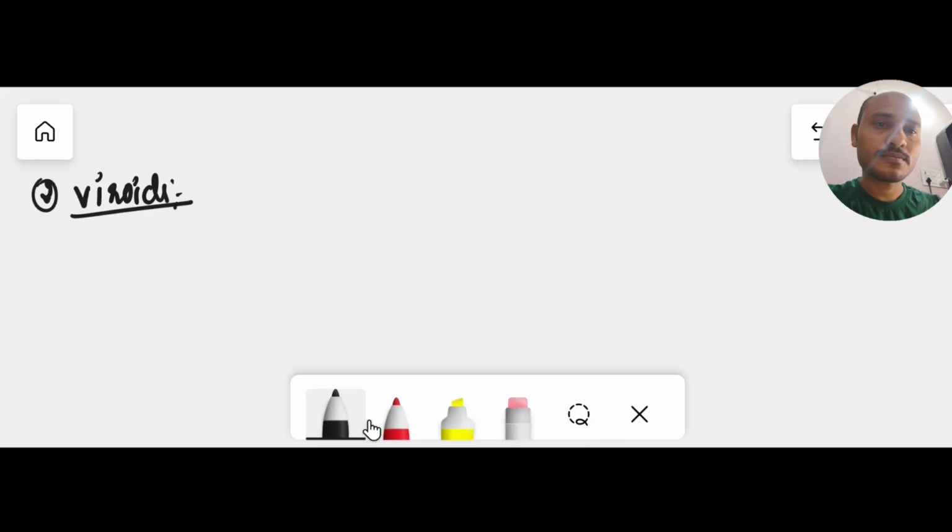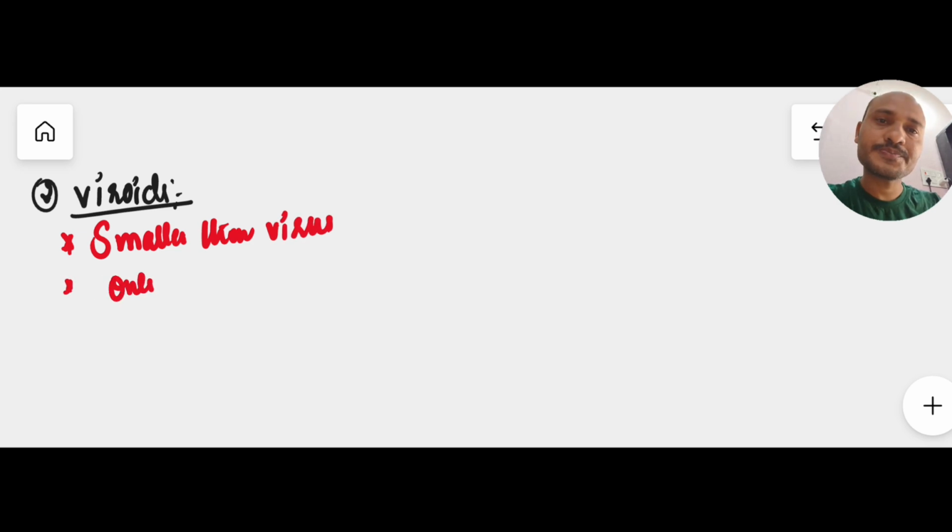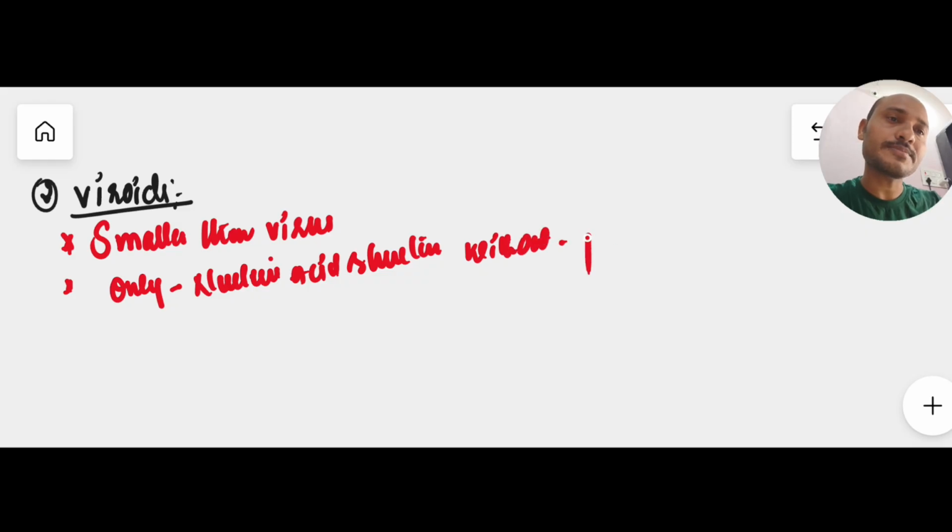Second one, viroid. Viroids are smaller than viruses. A viroid contains only a nucleic acid structure, without protein or capsid.